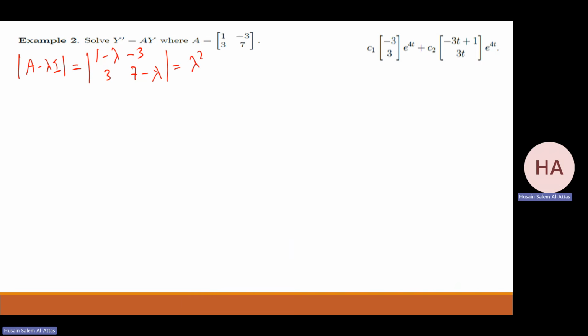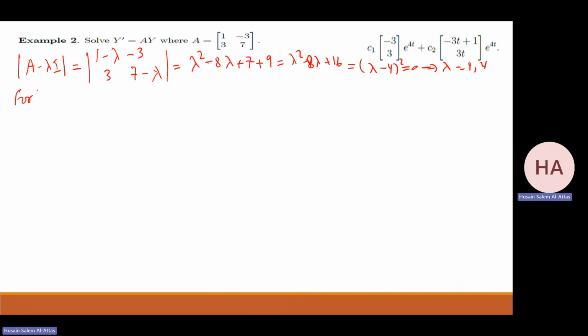That will give me what? Lambda squared, minus 7 lambda, minus lambda, minus 8 lambda, plus 7, plus 9. And that will be lambda squared minus 8 lambda plus 16, which is lambda minus 4 all squared. So lambda is 4 and 4. So I have multiplicity 2. Lambda equal 4, multiplicity 2.